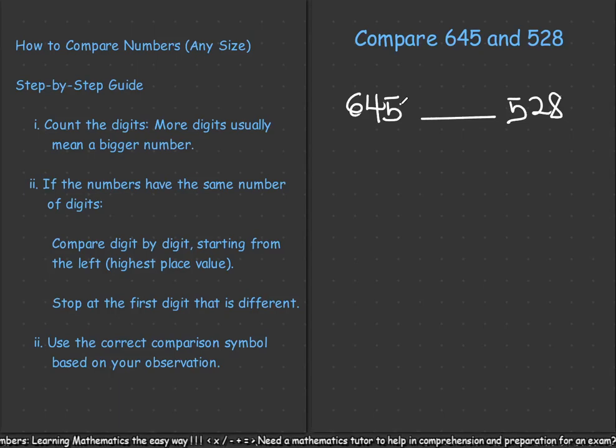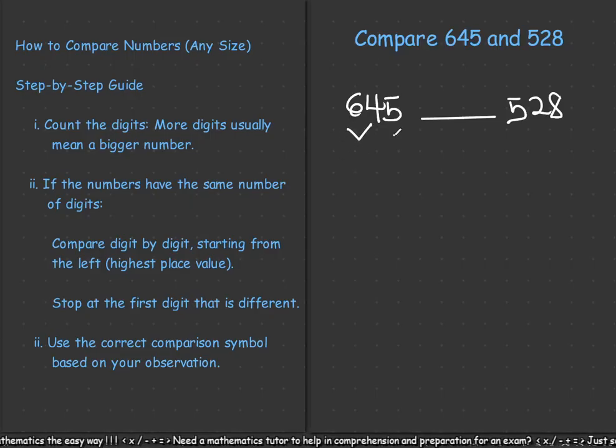But over here, they all have the same number of digits. So we can't base on step 1 to say that this number is bigger than that. In that case, if the numbers have the same number of digits, what do we do? We compare them digit by digit, starting from the left. This here is our leftmost digit.